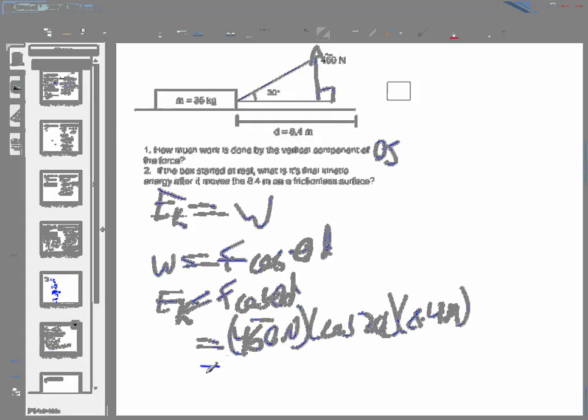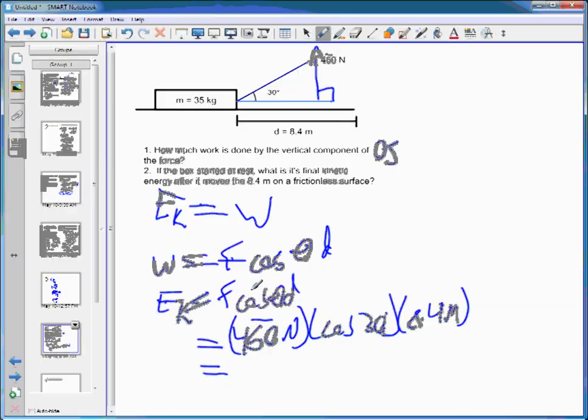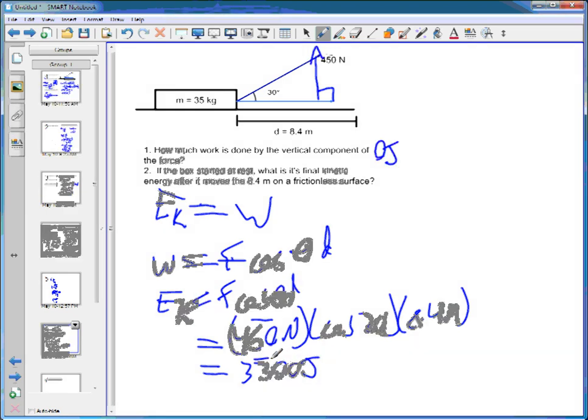So this would be 3,300 joules, rounded to there. Now this could also be written as 3.3 kilojoules. Either one would be correct.